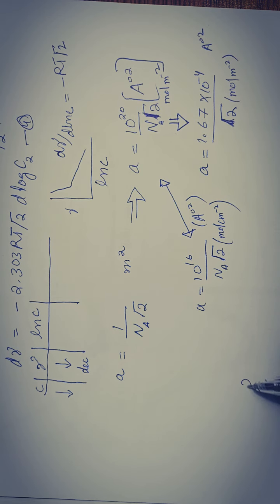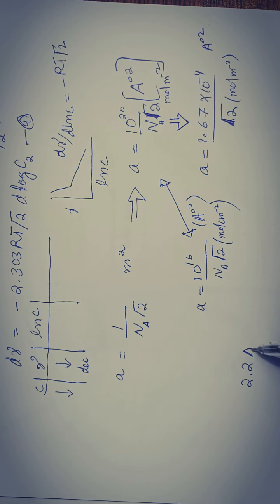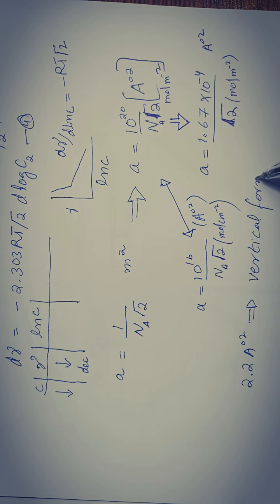For example, if the area is 2.2 angstrom square or roundabout, then the surfactant is present in vertical form, just like in this way.